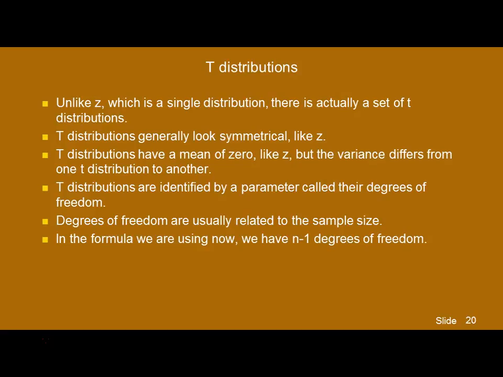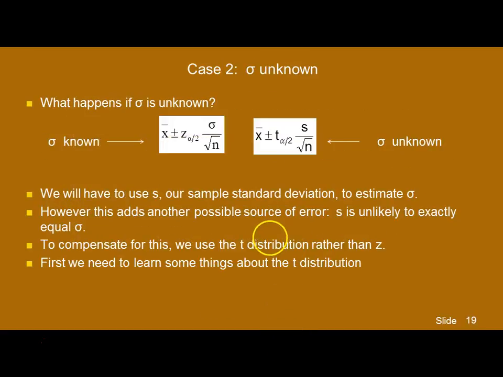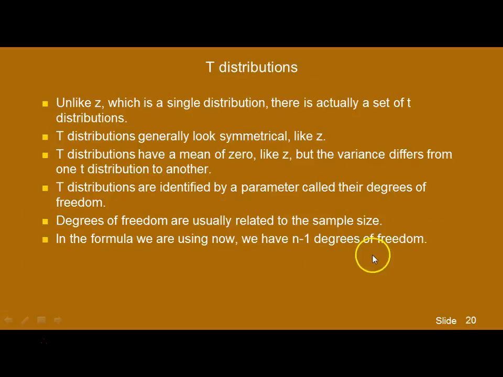T distributions are identified by a funny-sounding parameter called the degrees of freedom. Degrees of freedom are usually related to the sample size, and every time we get to a formula that uses the t distribution, we will have to tell you what the degrees of freedom are. In the particular case of this formula right here that we are now using, this is going to be a t distribution that has n minus 1 degrees of freedom.